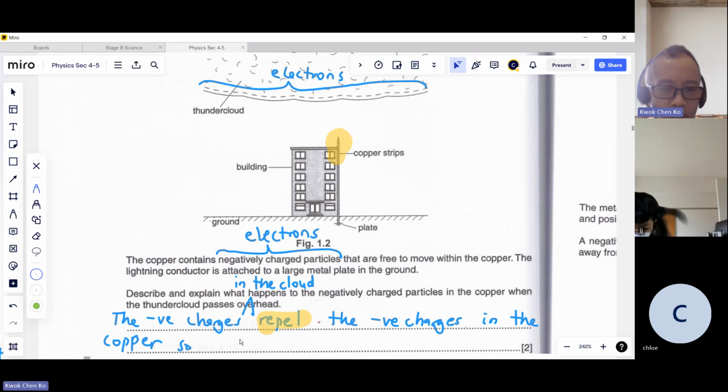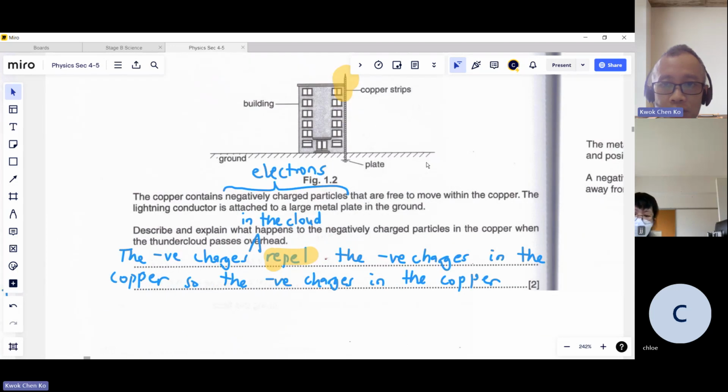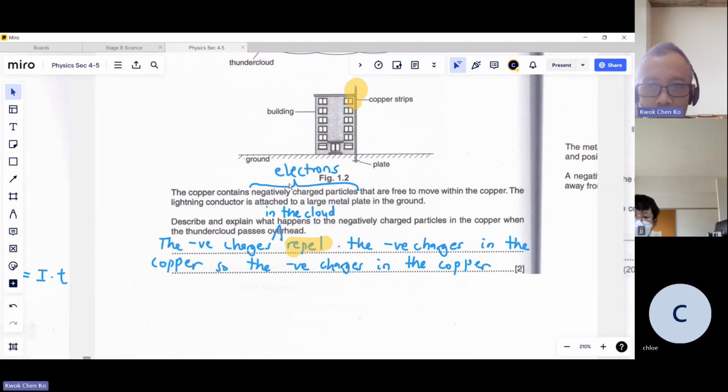So this is only then you mention, so the negative charges. I know it's a bit lengthy, but it's always good to be very clear in your answer. So the negative charges in copper flow towards.